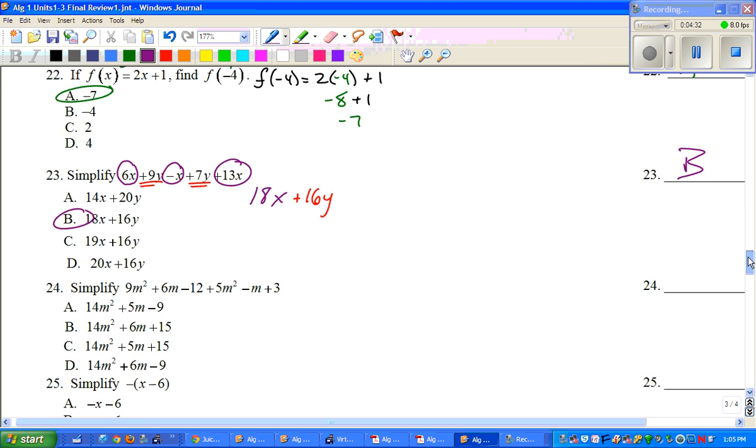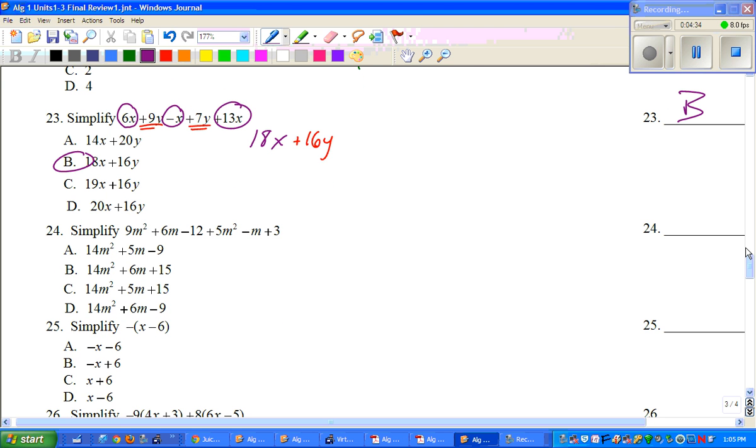For these ones, you have to be very careful. Only combine things that are the same. Okay, for this one, we're looking at order of operations. We have to do the squareds first. 9 plus 5 is 16m squared. Okay, now we've got 6m minus m.